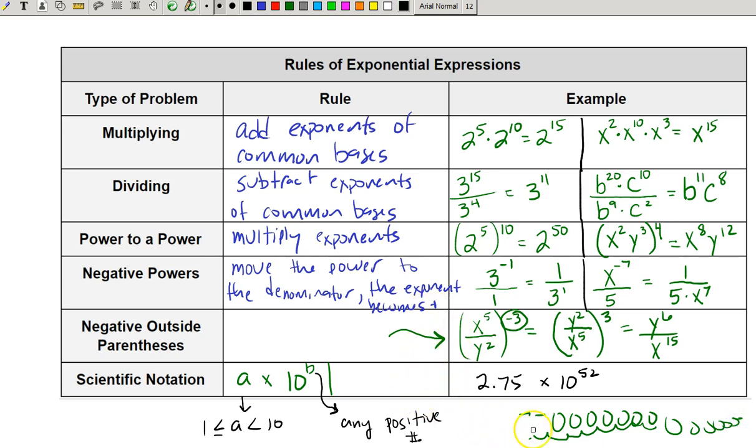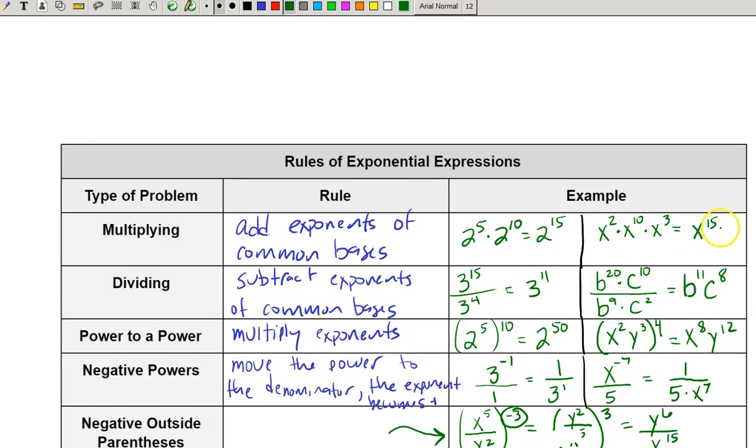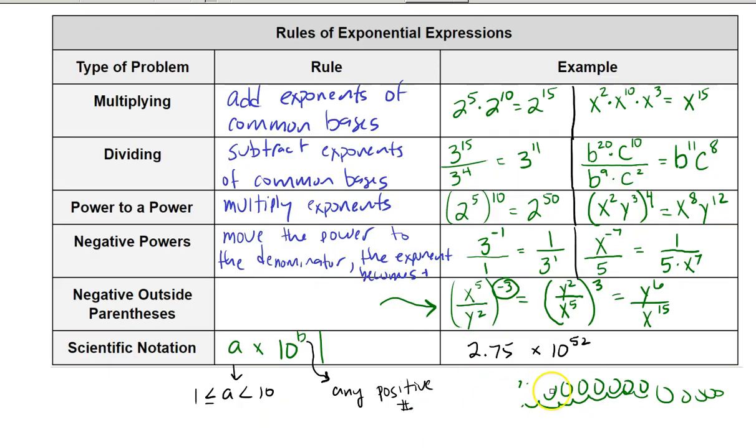So that's the whole point of scientific notation: we don't have to write out each one of those things, but we can write that number in a smaller form.